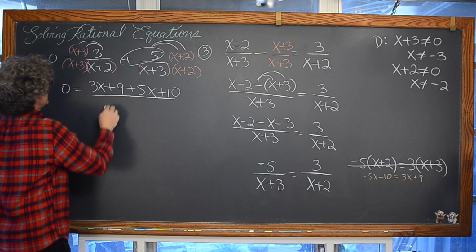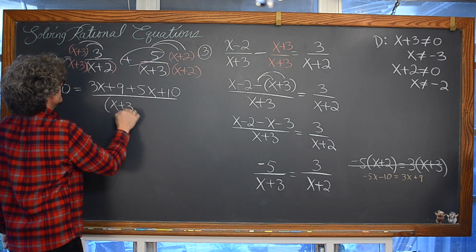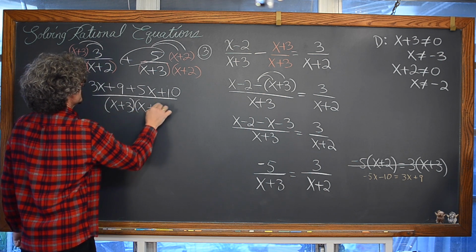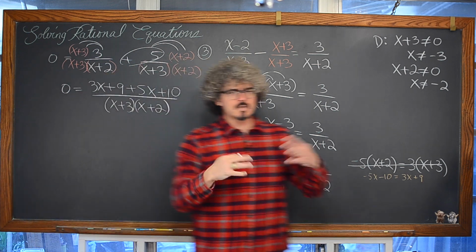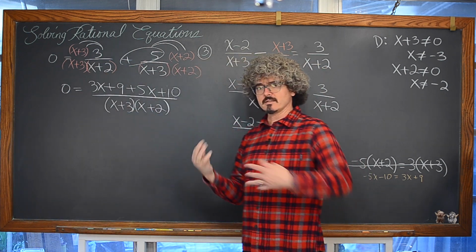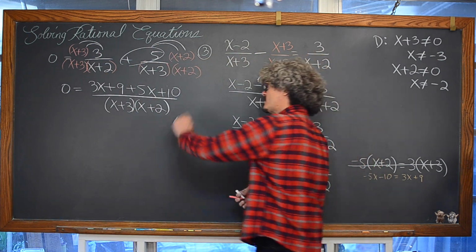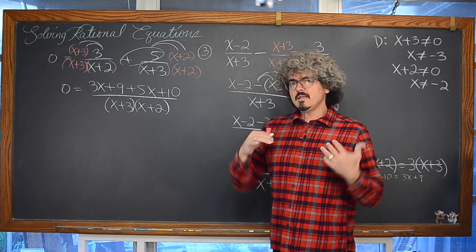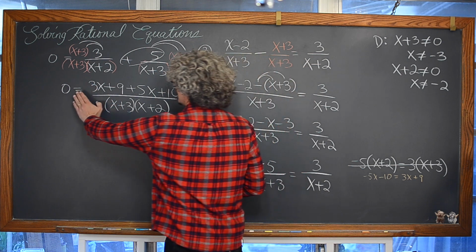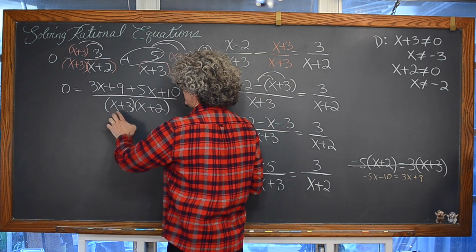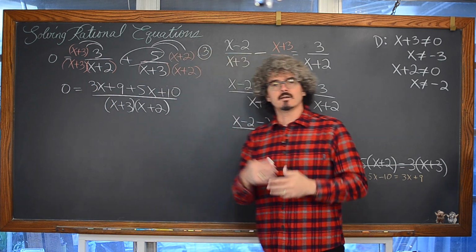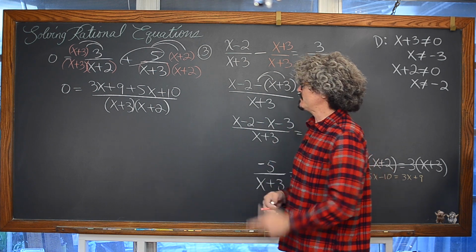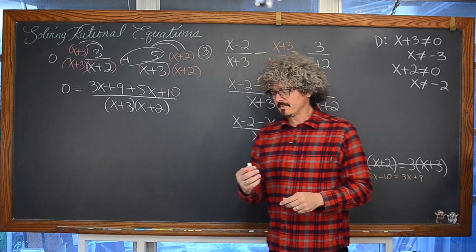And that's all going to be over x plus 3 times x plus 2. And there's no reason to multiply these factors out in the denominator, because we're not going to work with the denominator for the rest of our problem. And even if we were solving a rational inequality, we would want that denominator left in factored form to make it easier to find the values that make it equal to 0.